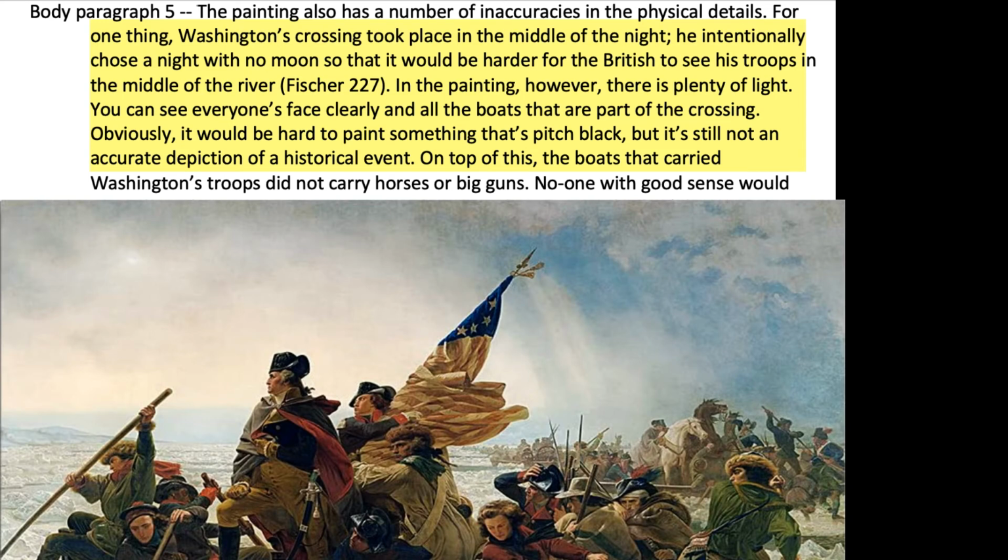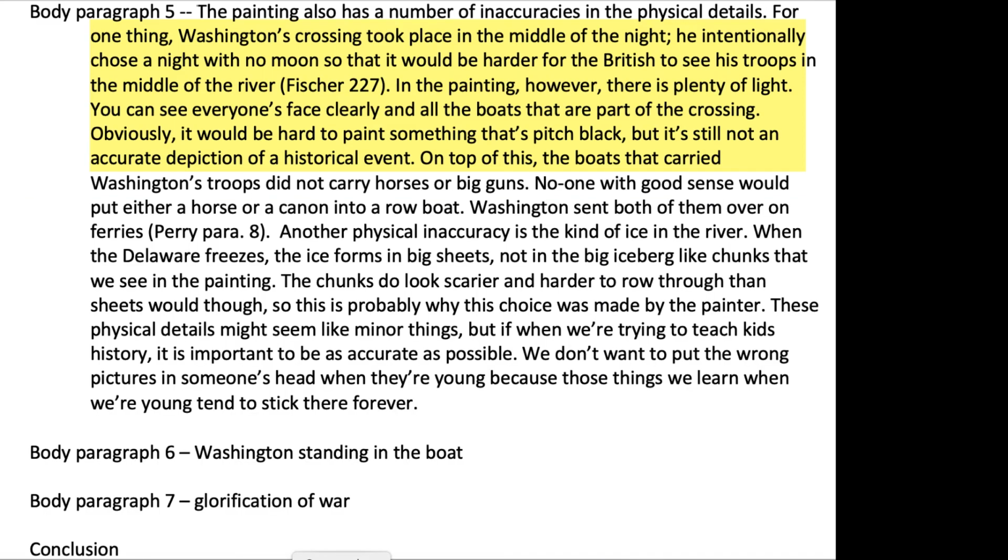In the painting, however, there's plenty of light. You can see everyone's faces clearly and the boats that are part of the crossing. Obviously, it would be hard to paint something that's pitch black, but still it's not an accurate depiction of a historical event. So notice we have use of source, we have description in a small way of the painting, again, the particular details that are being talked about, and then some analysis of that.